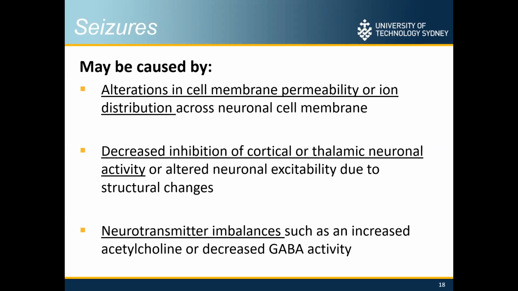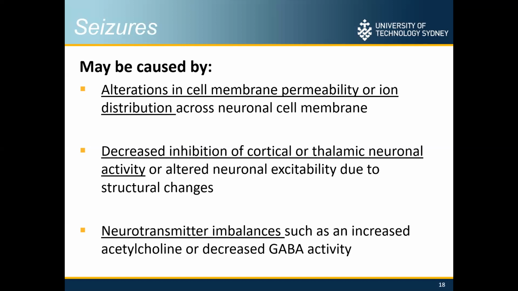And it has been postulated to be associated with disturbance in the change in membrane potential within each cell. So it can be associated with alterations in cell membrane permeability, distribution of ion channels that facilitates this, and also decreased inhibition of cortical or thalamic neuronal activity within the brain. And lastly, you also have the neurotransmitter imbalances.